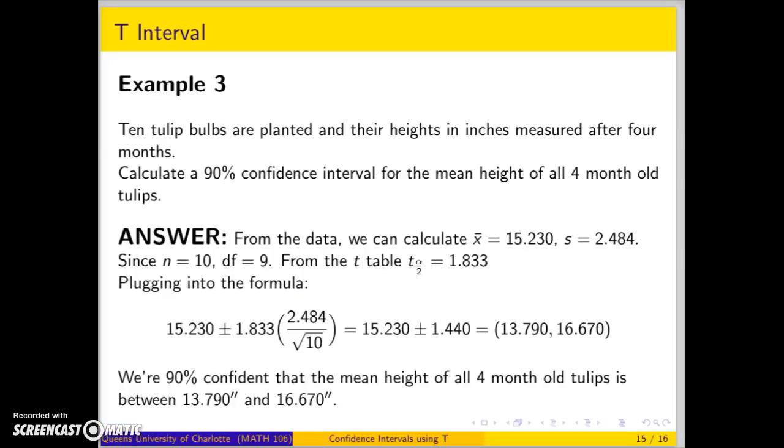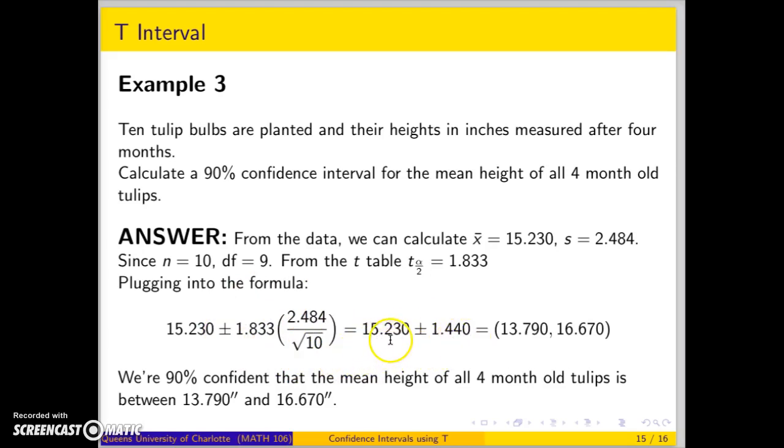So now going back, we use that formula. Our formula is our sample mean plus or minus the t-value we just got times our sample standard deviation divided by the square root of our sample size, which is 10. So this side is our margin of error, and we get 1.440 if we put it in the calculator.